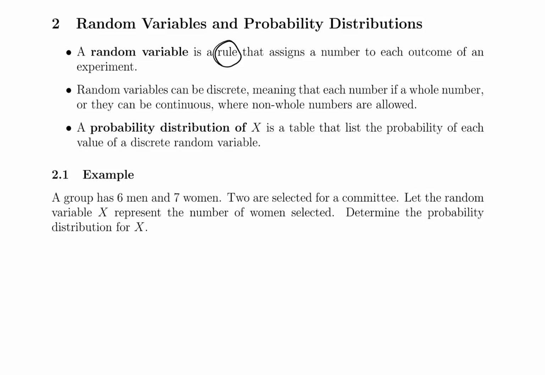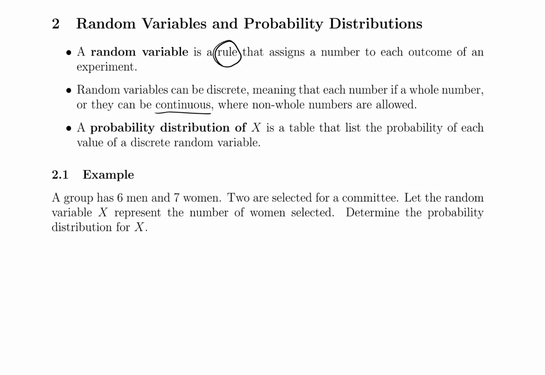That would be what we call a continuous random variable, where you allow non-whole numbers. If you were recording height in feet and somebody is 6.5 feet tall, their random variable outcome would be 6.5.